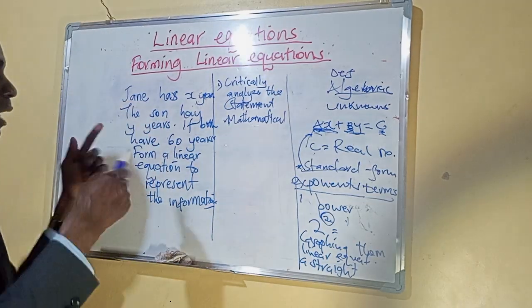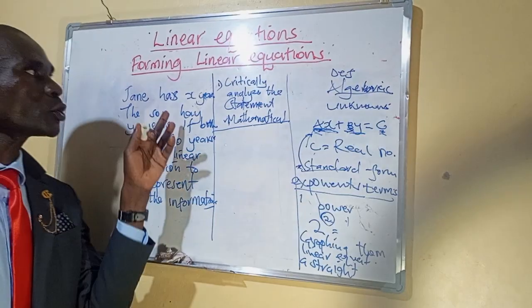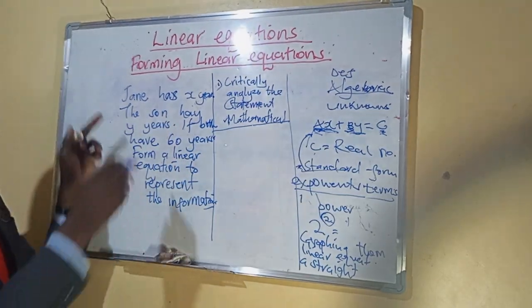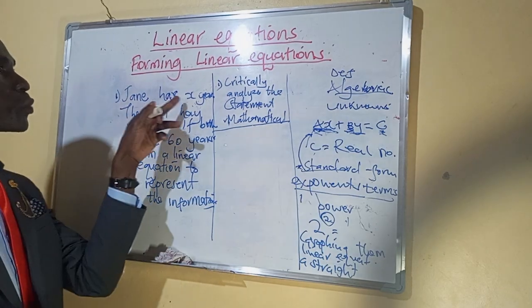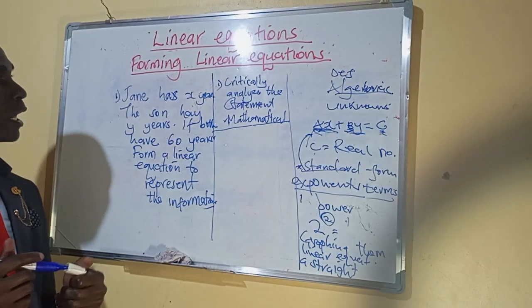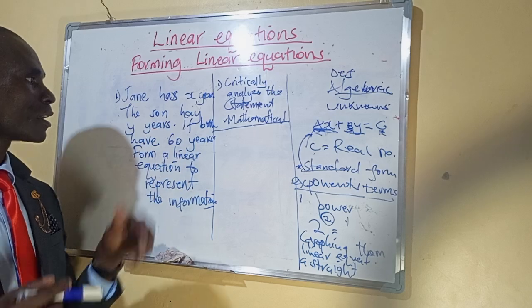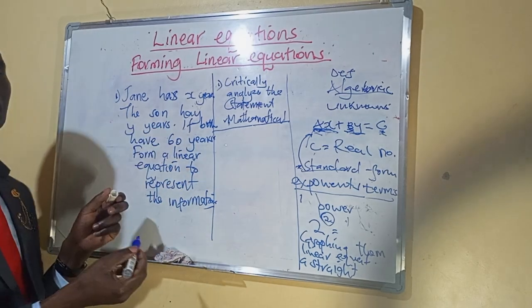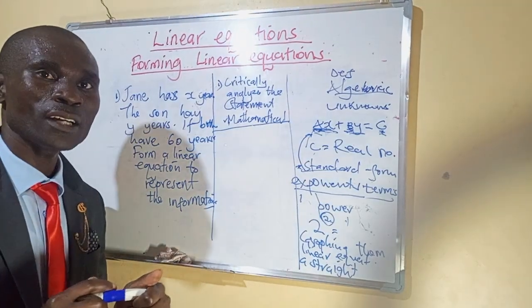So now let's come back to this one here. We want to come up with a solution of this. We have just said that Jen has X years. Now, the son has Y years. And we are saying both of them have 60. So the literature in the question does not really have to matter.